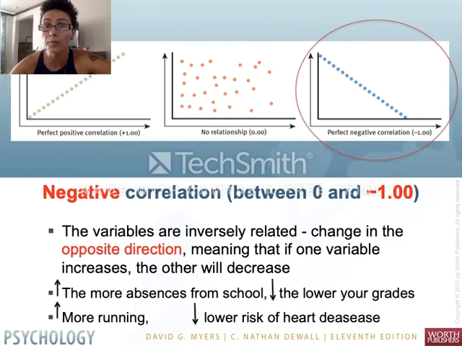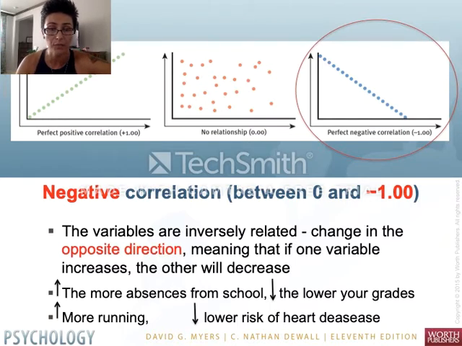One is going up, the other one is going down. One is increasing, the other one is decreasing. The fact that they're going in opposite directions means, hey, we have negative correlation. Negative correlation doesn't mean, wow, you got a bad correlation, mean correlation. No, it just means that they're going in different directions.